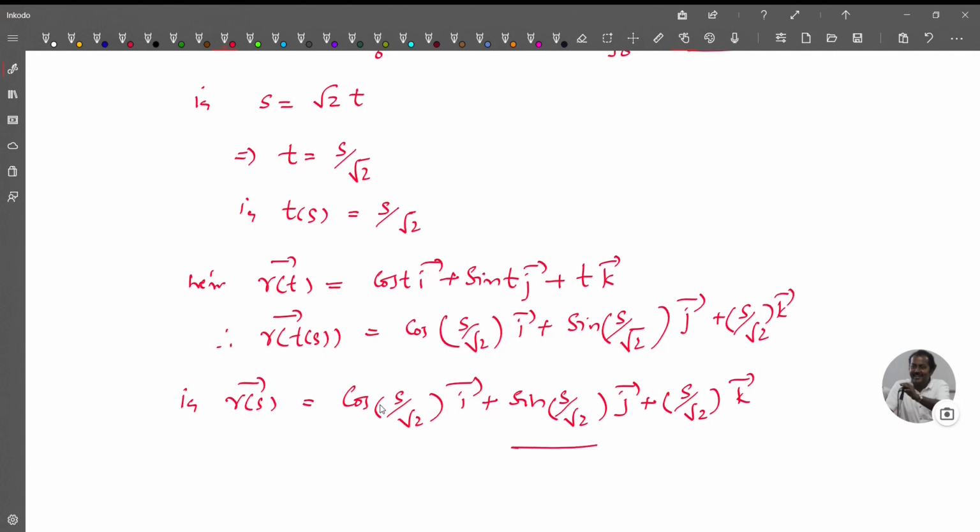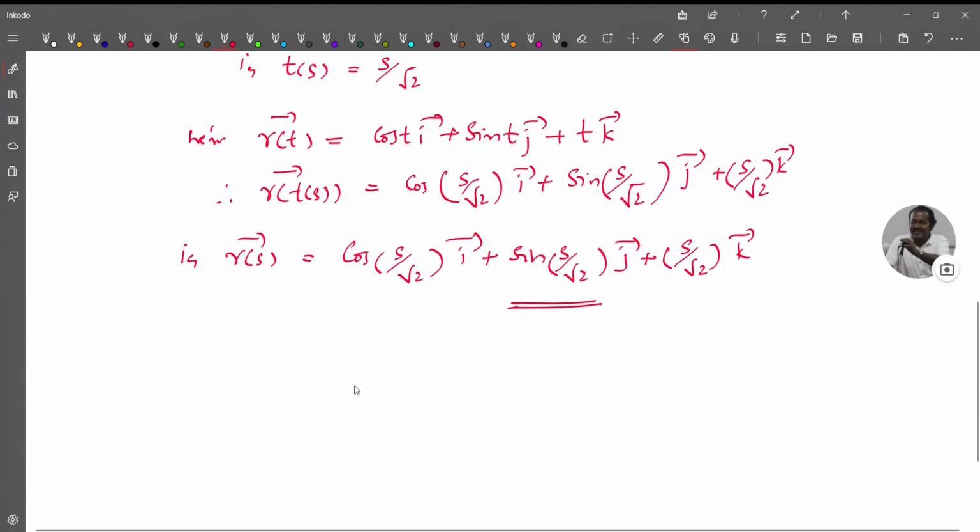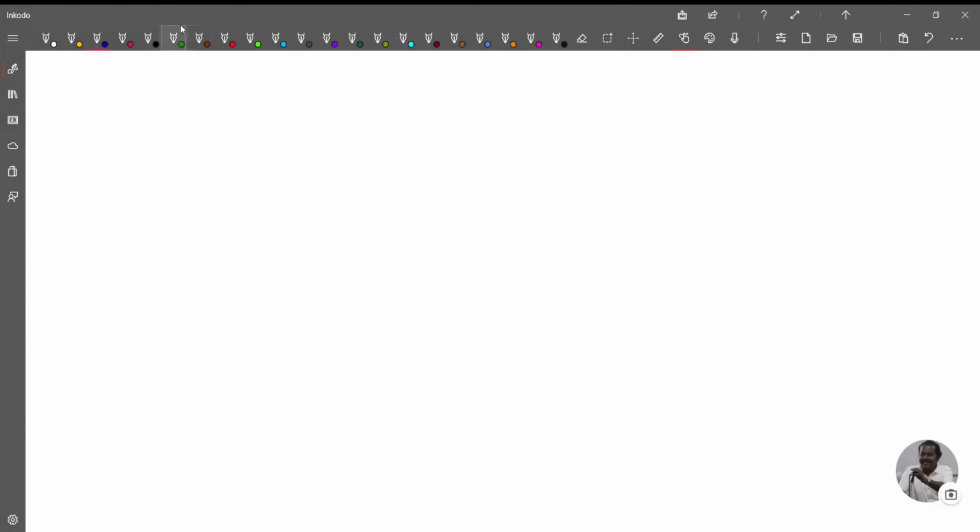So this is the reparameterization of the helix cos t i plus sin t j plus t k in terms of the arc length s. So this is known as the arc length parameterization of the helix in terms of the arc length s. Now we can observe that arc length is independent of parameterization.